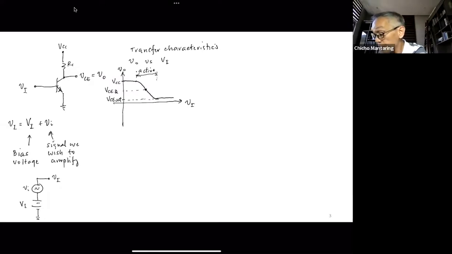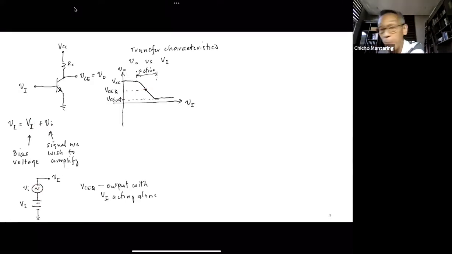And VCEQ is the output with capital V_I acting alone. So if this is acting alone, in other words, v_I is just capital V_I, then VCEQ will be our output.